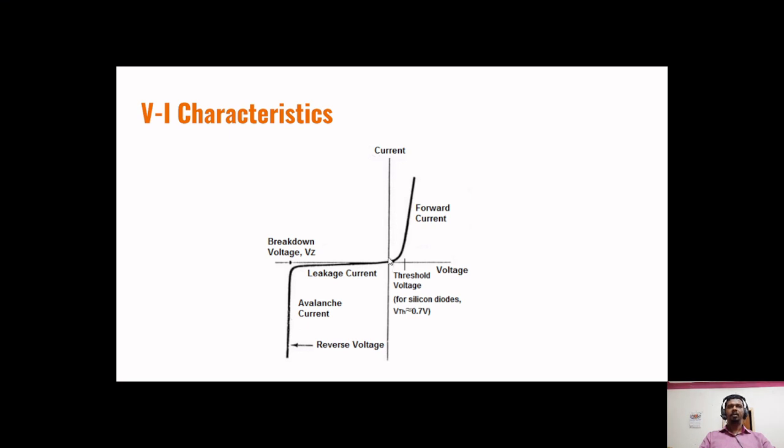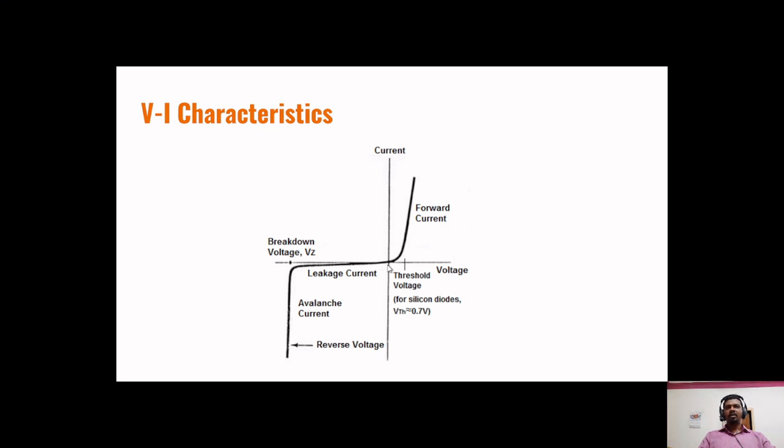Initially the voltage is at 0. Now you slightly increase the voltage, and when it comes to a point which is called the threshold voltage, you find a steady increase in the flow of current. This is the region where the diode is mostly used.